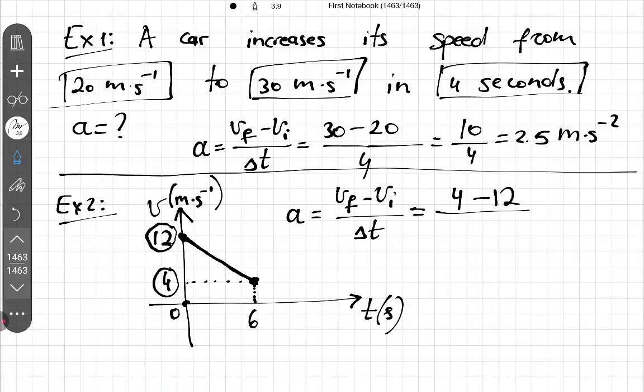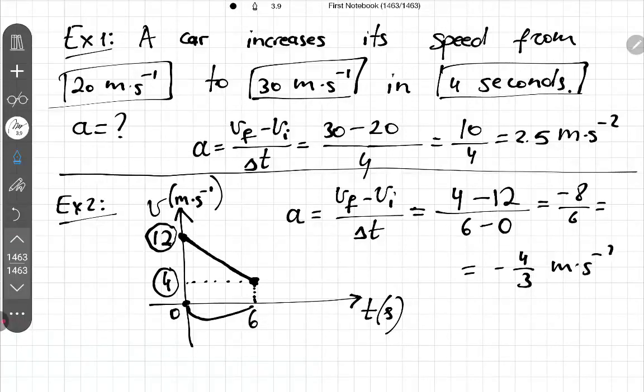So we started from 0 to 6 seconds. So time duration is 6. And if you want, you can write something like this: 6 minus 0. So minus 8 divided by 6, and it equals minus 4 over 3 meters per second square. So this is the acceleration.